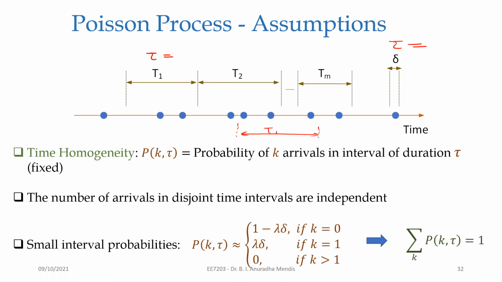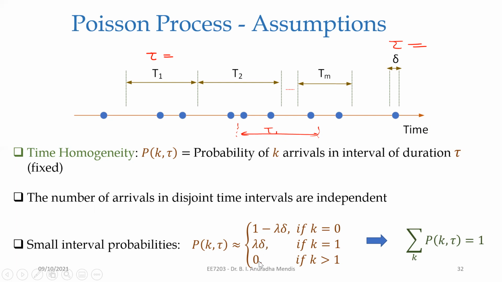Now, what is the probability that you don't have any arrival? That means k equal to 0. Now you know the k equal to 1 probability is lambda delta, and the k greater than 1 probability is 0. The k equal to 0 probability should be 1 minus the summation of these two, no? Because we can have only these three cases: k can be 0, 1, or more than 1, because k cannot be negative.